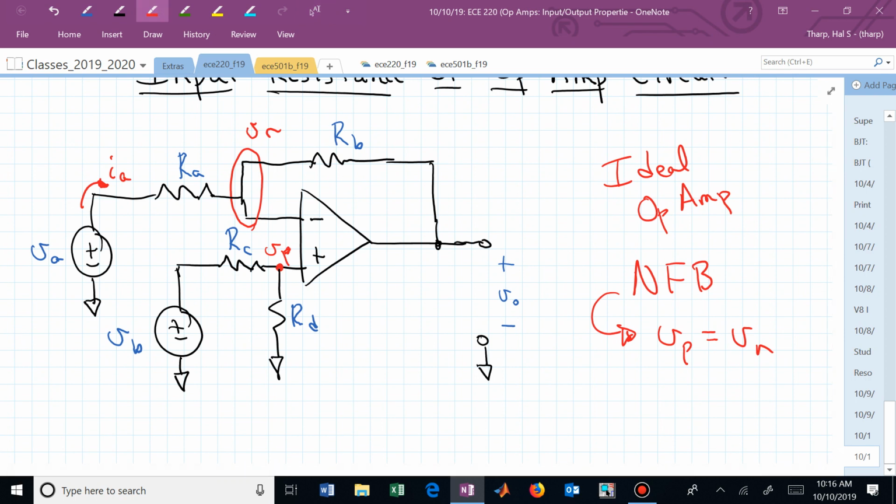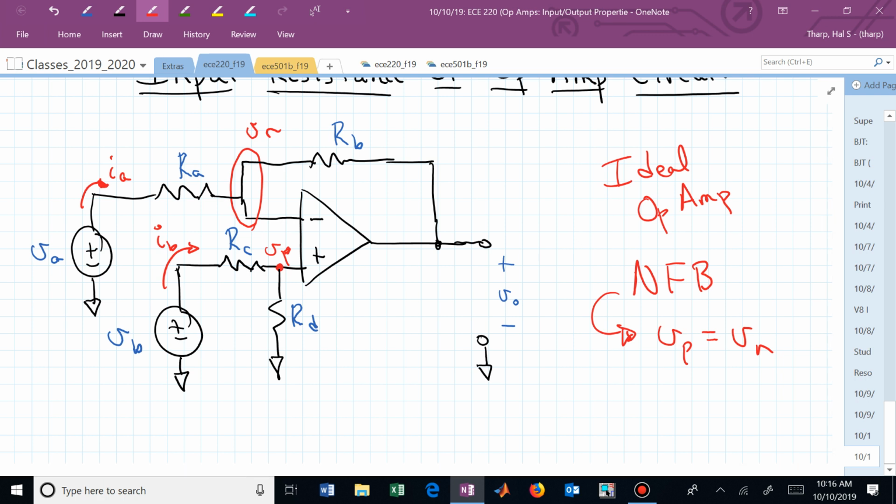Now we have I sub B here. What is I sub B? Do you see it? Can you now start to just kind of intuitively sense what's happening? I sub B is not 0, is it?